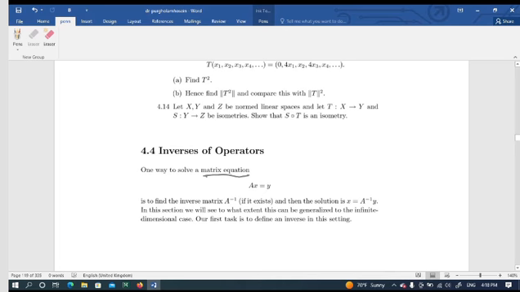So if A is invertible, we denote the inverse of the matrix A as A power minus 1. So from this equation, with the inverse of A, we can write X equals A minus 1 Y.